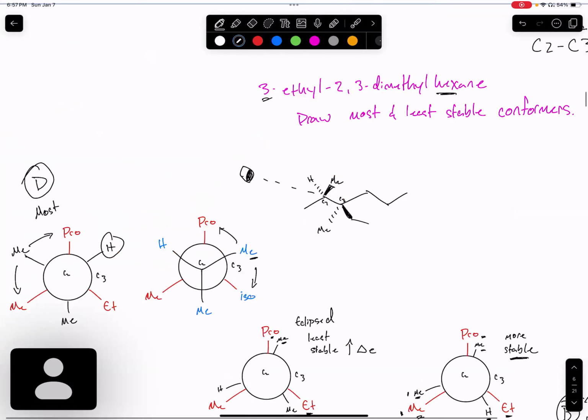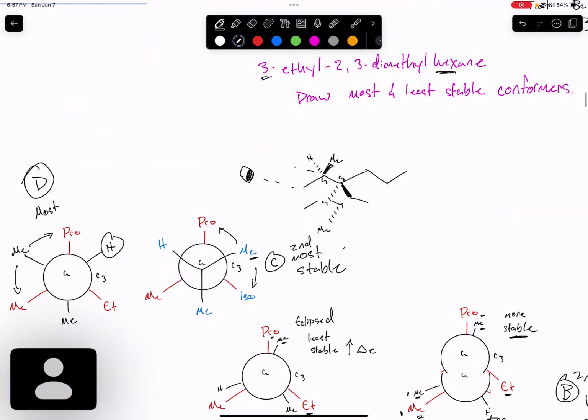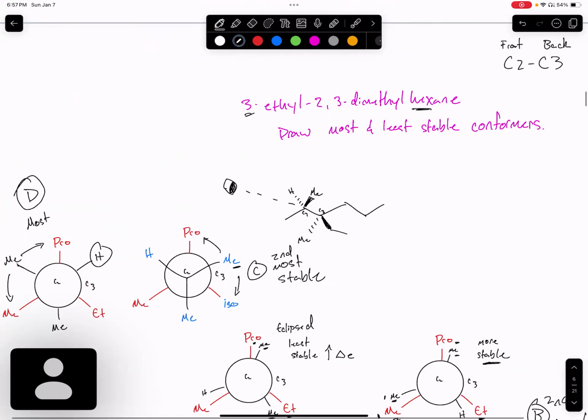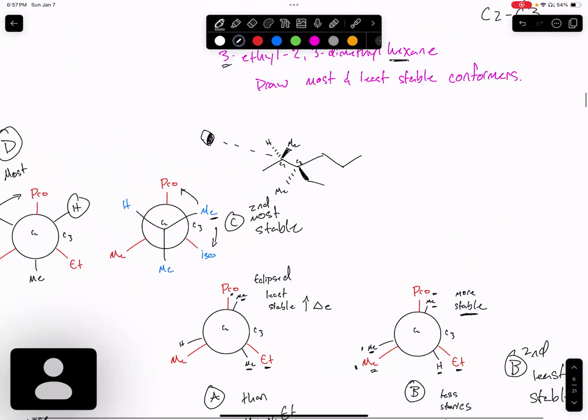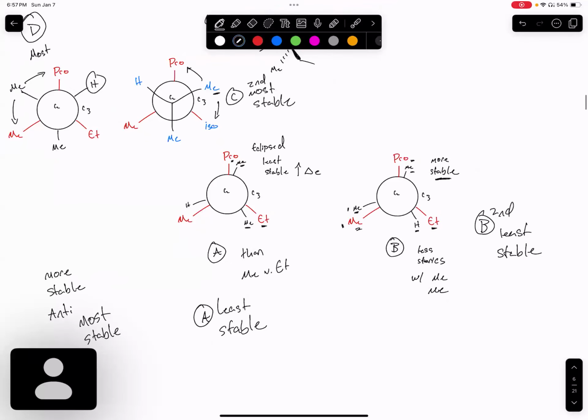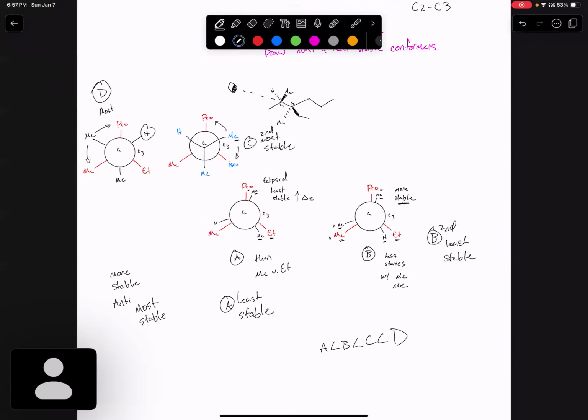And if we call the parent structure C, this would be second most stable. So if I was just to get the least and most stable, it would be A, B. But if I was to rank these, I would make it such that A is less stable than B, which is less stable than C, which is less stable than B. Okay?